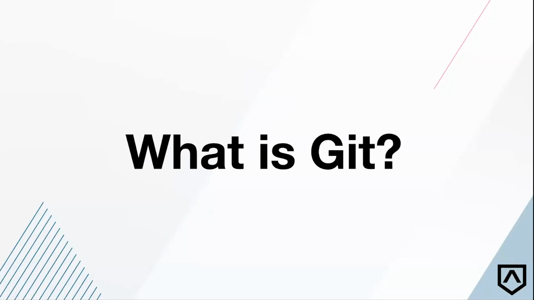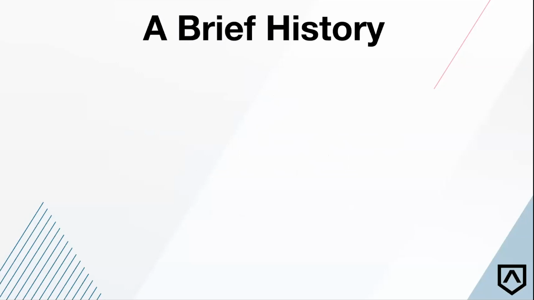So let's talk a little bit about Git. Git is primarily what we use for version control. A lot of you in school growing up maybe had Microsoft Word, and your teacher would say, as you go through the writing process, as you get to your final draft, I want you to save a rough draft and a second rough draft and a third rough draft, and then an almost final draft and then your final draft.